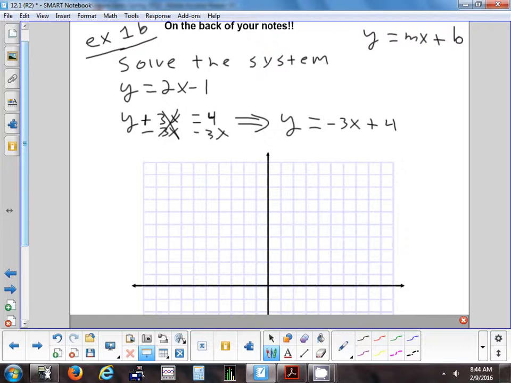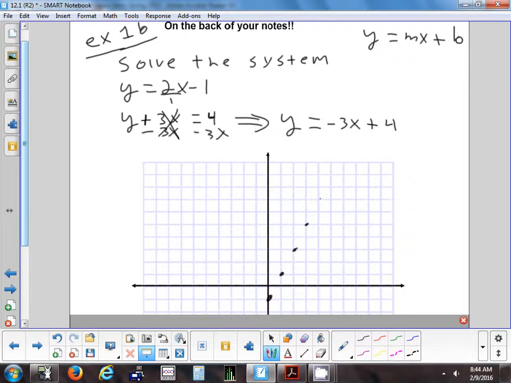I'll graph the first one, and then you guys can help me graph the second one. It says my y-intercept is negative 1. So I go down 1. My slope is a positive 2. Positive means up. Up how many? 2. Up 2, right 1. Up 2, right 1.